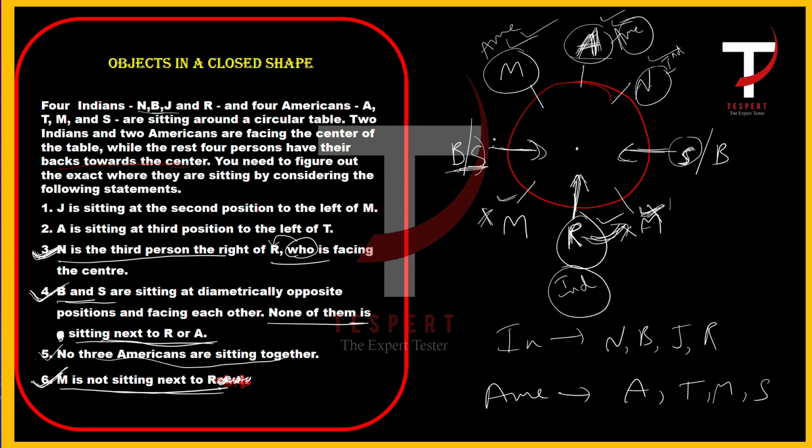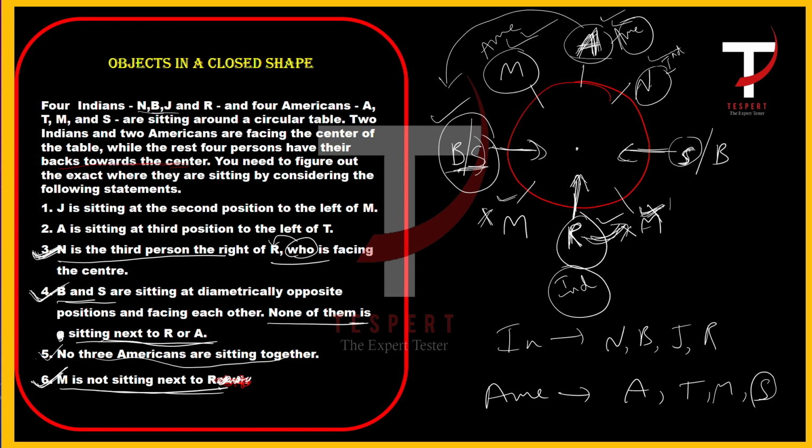So out of B and S, in this place, one American shouldn't be there, because three Americans in a row, in a line, shouldn't sit together. So which one is American here, B or S? S is an American.